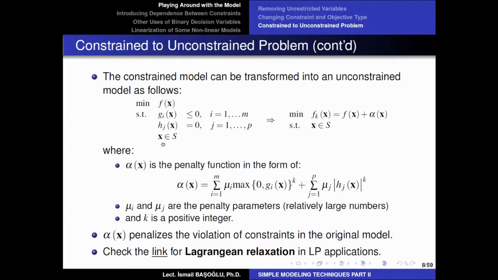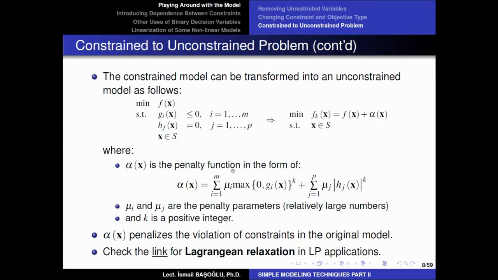We are basically rewriting the objective function as the previous objective function plus an alpha function of the decision variables, and we call this new objective function fk of x. So alpha of x here is added by the removal of the two sets of constraints. In total, there are m plus p constraints here, which are all removed, and we have introduced a function in the objective value.